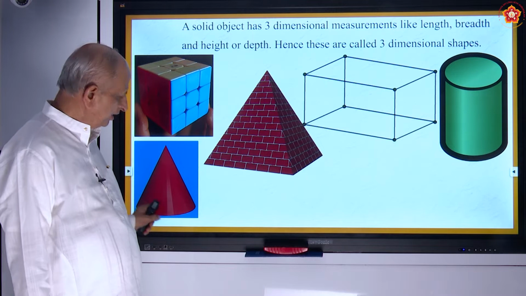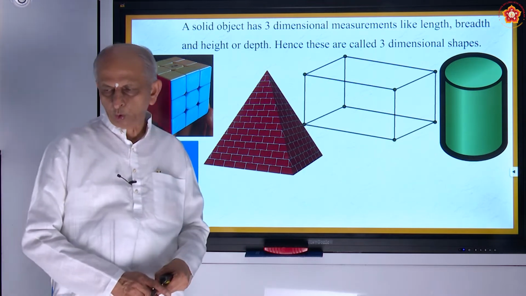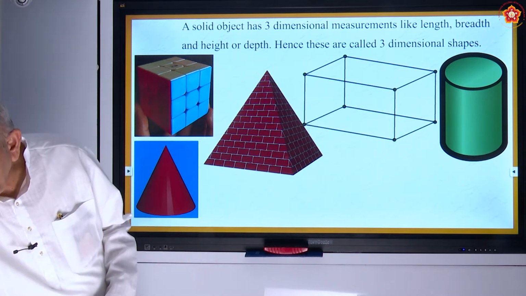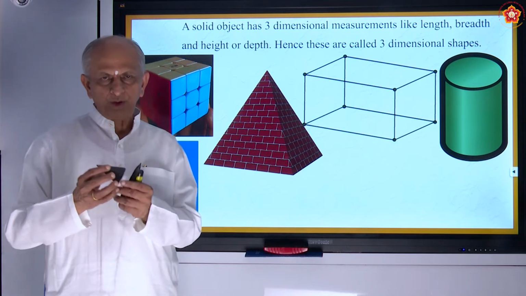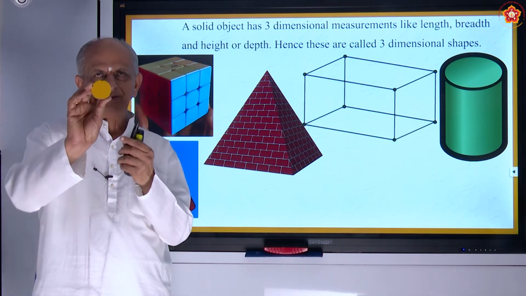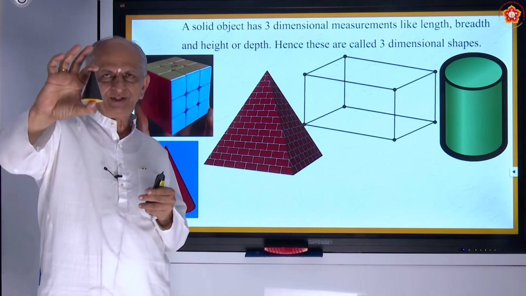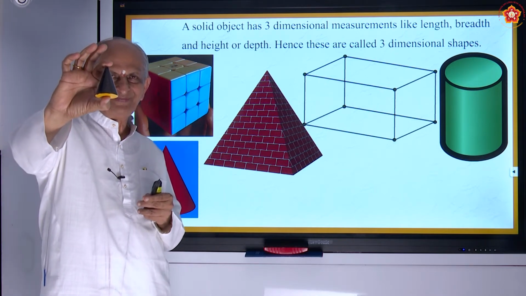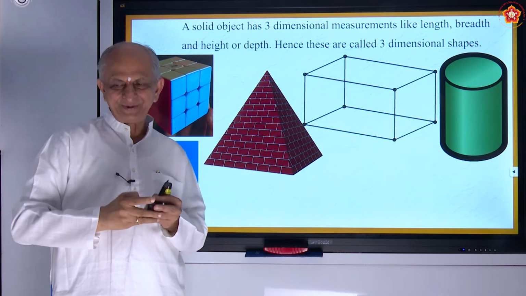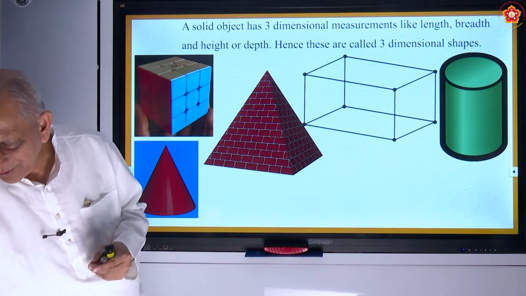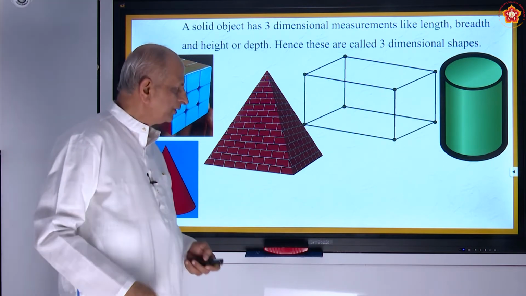What is this called? It's called a cone. What is the speciality of a cone? A cone has a circular base and a vertex here. We see so many things in our life, like a cone ice cream, very famous for you. So that is what is called a cone.